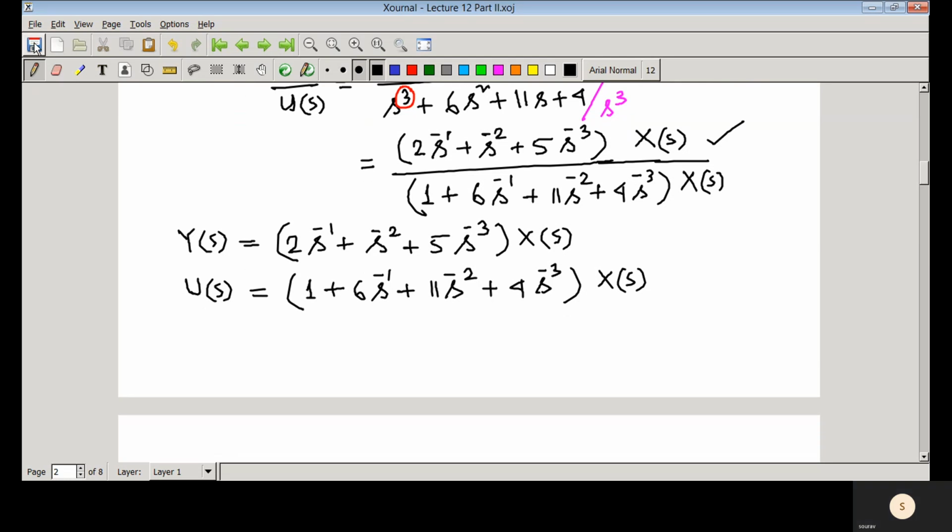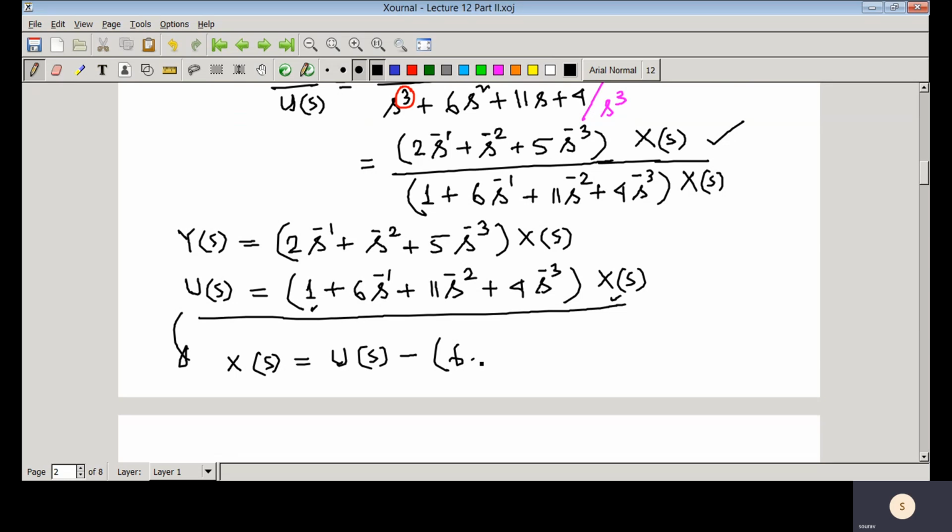Now we can write this algebraic equation in this particular form. If you multiply out X(s), from here you can write X(s) equal to U(s) minus 6s to the power minus 1 plus 11s to the power minus 2 plus 4s to the power minus 3, X(s).